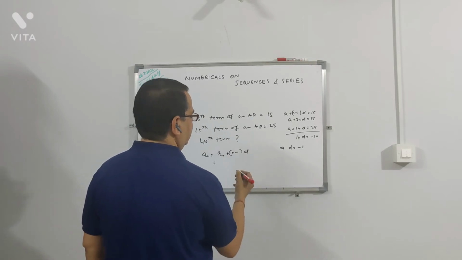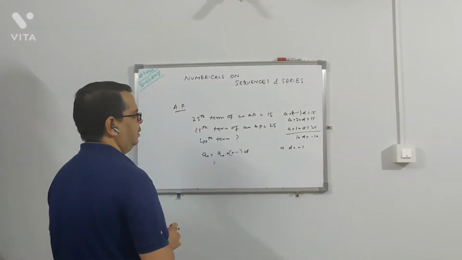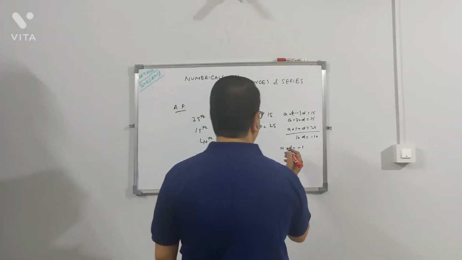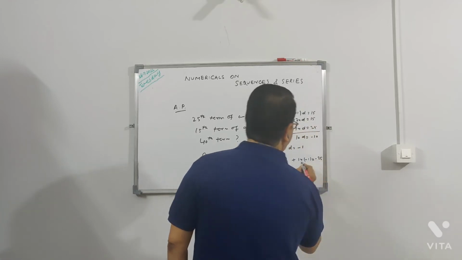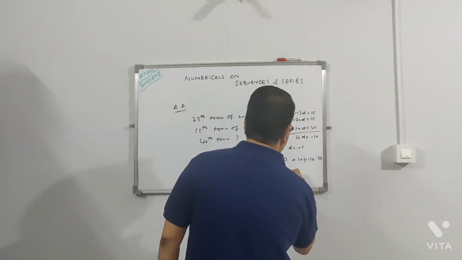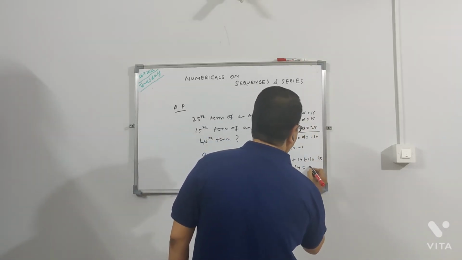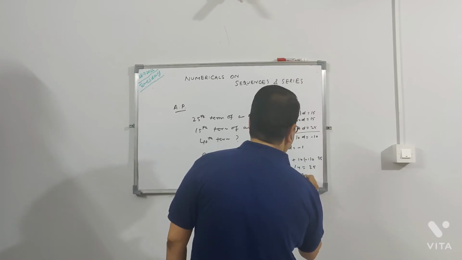How much is a? You have to substitute d in that equation. So a plus 14 into minus 1 is equal to 25, so a minus 14 is equal to 25. So a is equal to 39.